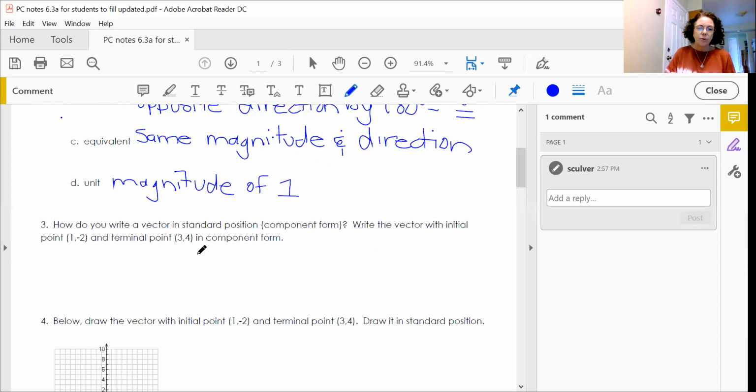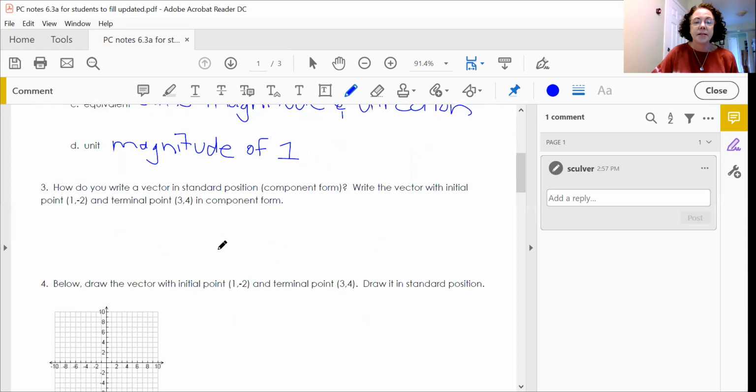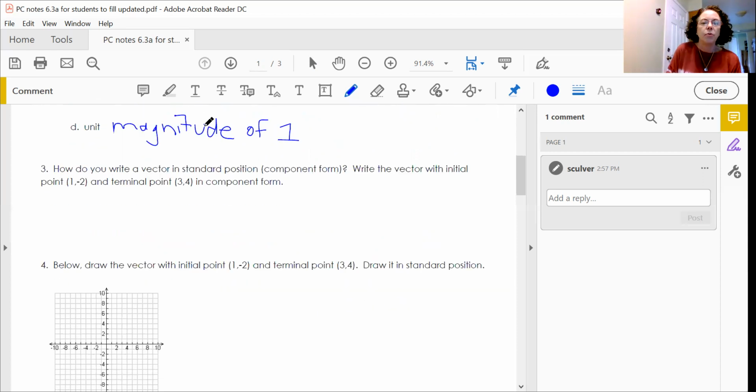All right, so number 3, how do you write a vector in standard position? That is called component form. The idea behind that is there are an infinite number of vectors in the universe that you could put on a plane that have an initial point and a terminal point. And when you draw them, they have the same direction and the same magnitude, right?